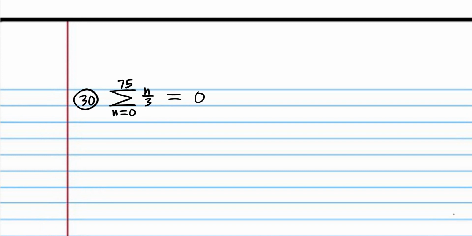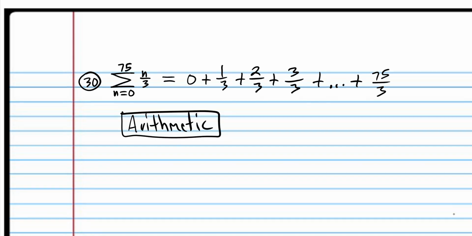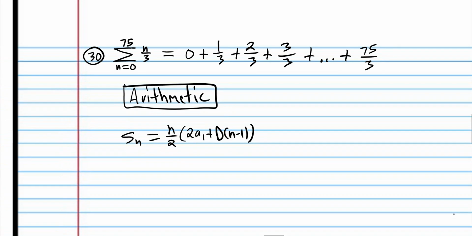So let's plug in 0, we get 0, plug in 1, plug in 2, and you can see what's happening here. It's an arithmetic sequence, and the last term is going to be 75 over 3. So we're going to be using our formula for the sum of the first n terms of an arithmetic sequence.